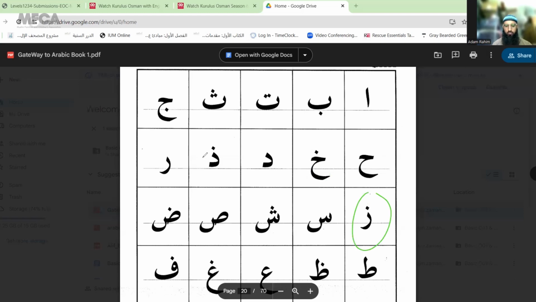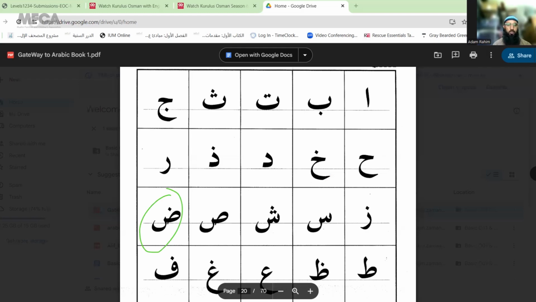Just in the list, can you tell us what this letter is, please? Zai. Ahsanti. Very good. Brother Sharif, can you tell us what this letter is, please? Dad. Very good.